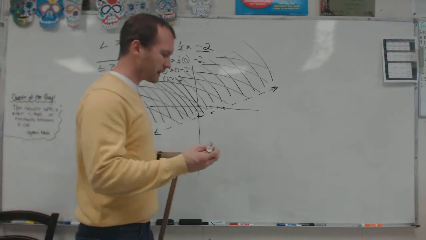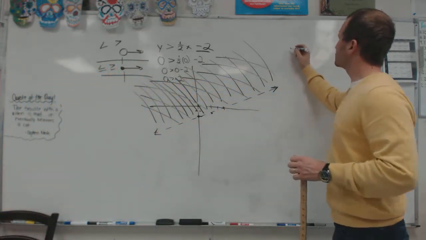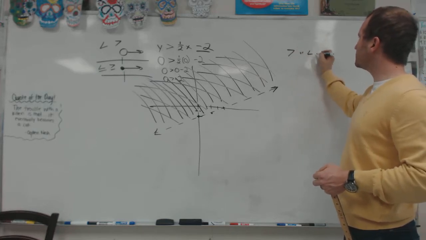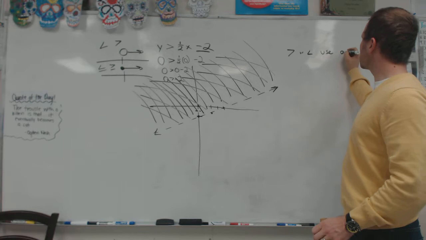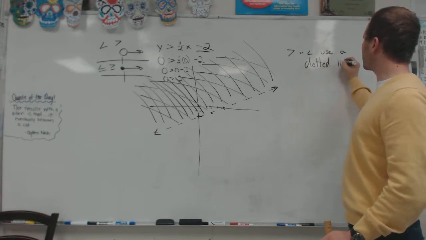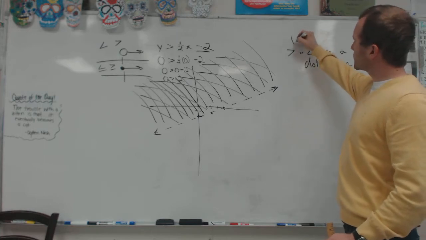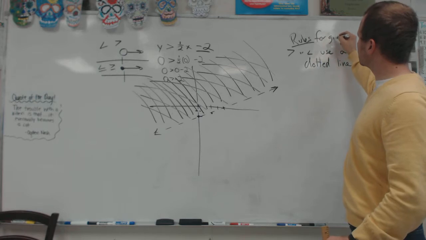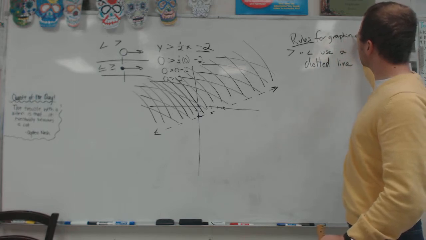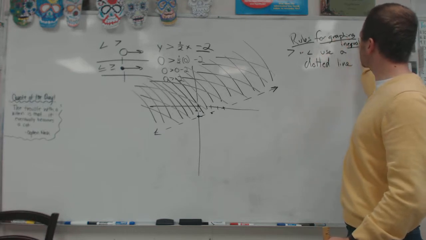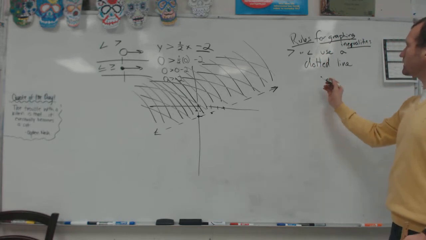So there's a couple things that I want to point out, and these should go into your notes. These are our rules for graphing inequalities. Greater than or less than, use a dotted line.